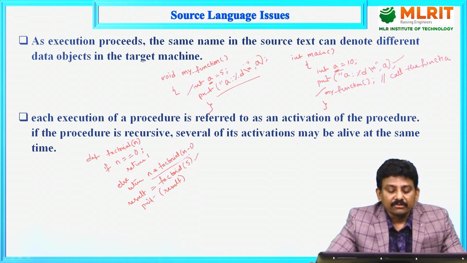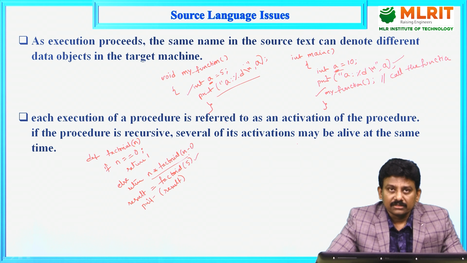Now, factorial 4 is called inside factorial 5. As 4 is not equal to 0, the else part will be executed, return n into factorial n minus 1, that is 4 into factorial 3.